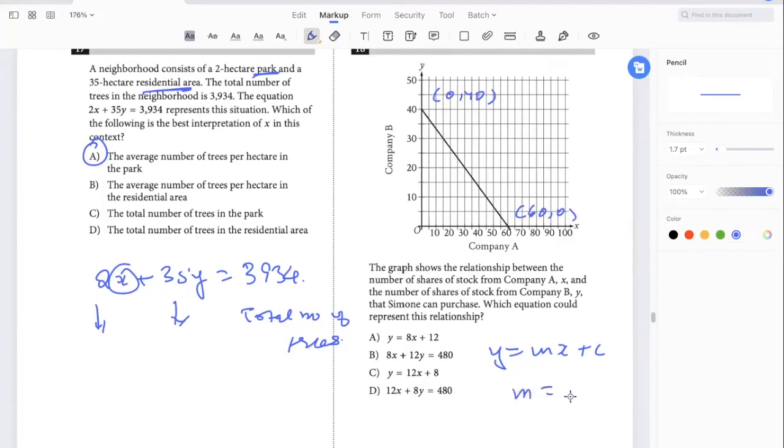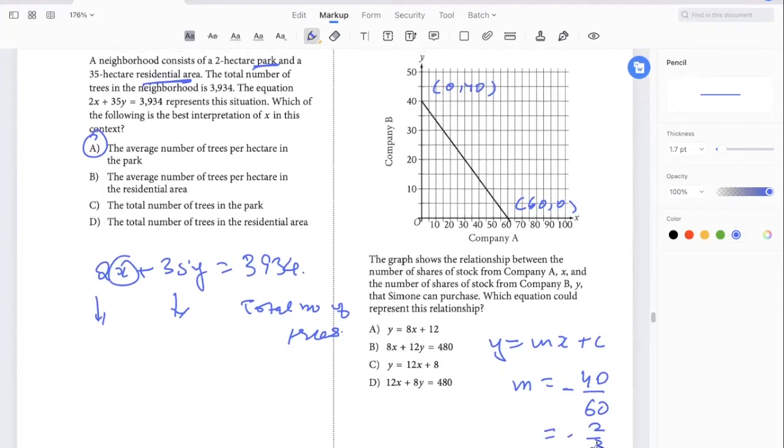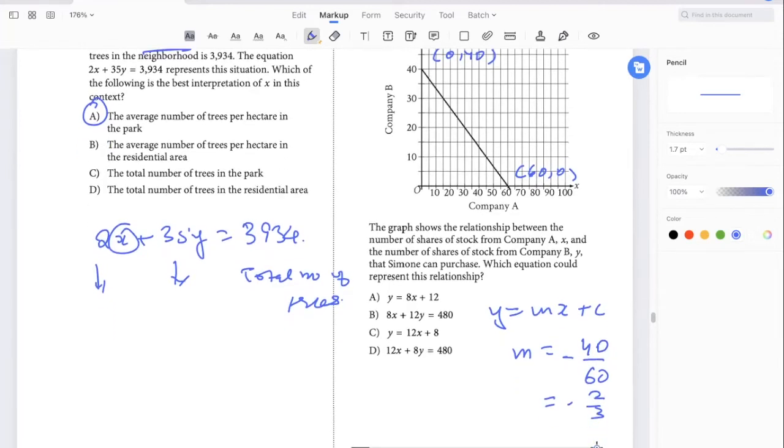So my slope will be negative 40 by 60, which is minus 2 by 3. And my y-intercept is 40. C is 40. So I can write y as minus 2 by 3x plus 40.